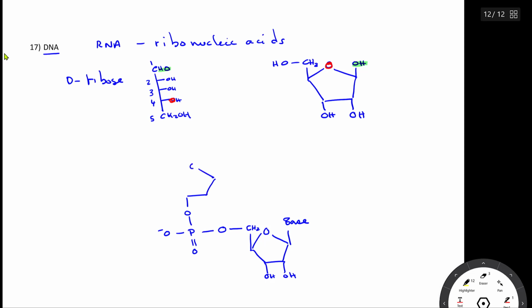I have an OH right now here, but that's where the base would be connected. And then this would be CH2, then an O, and then on to another base. And then I have an OH group here, just like I did in the other structure, except for this one, I started here, so I didn't have the phosphate attached here.